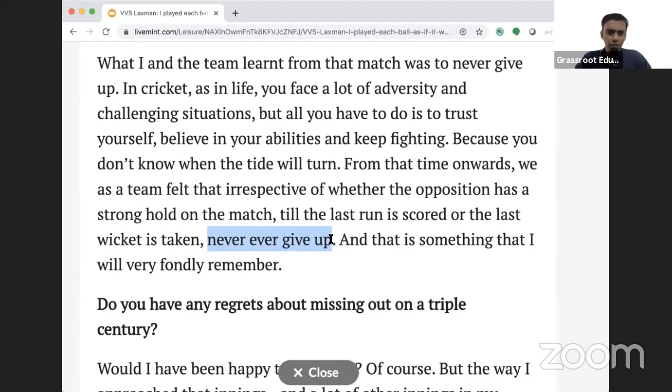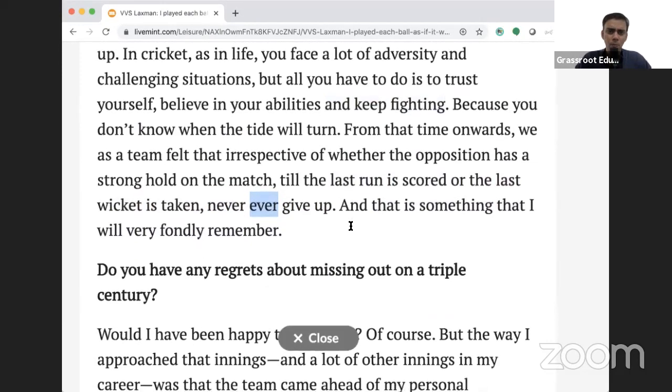Punch each of these words. These are very strong words, right? Never ever give up. And that is something that I will very fondly remember.